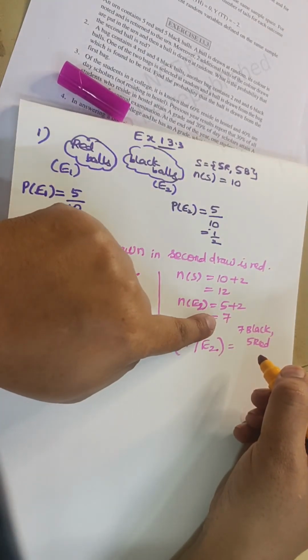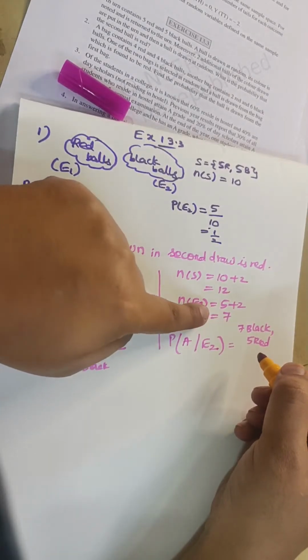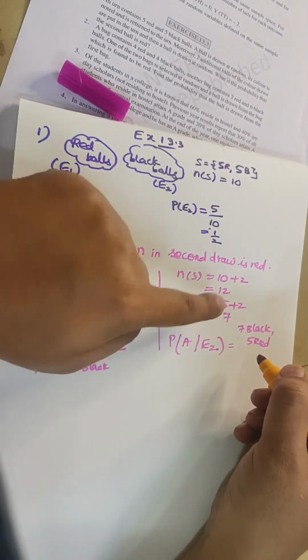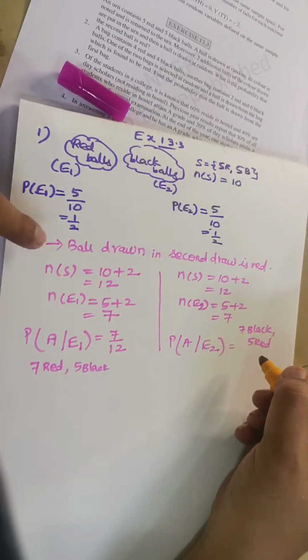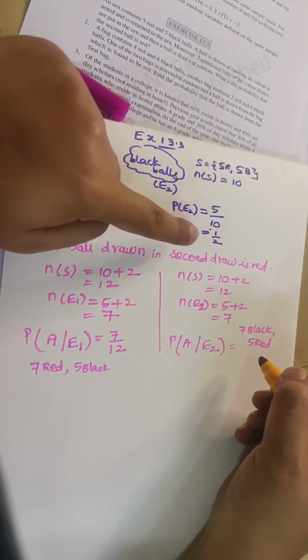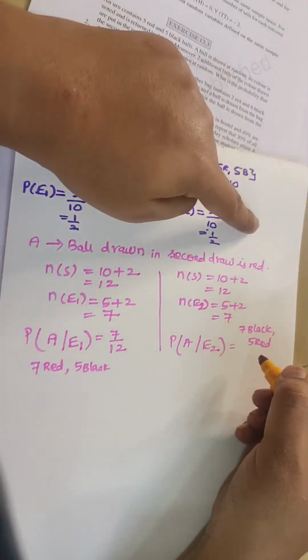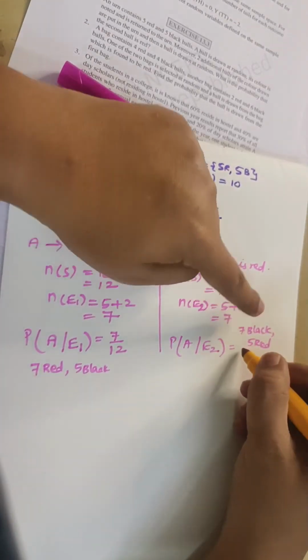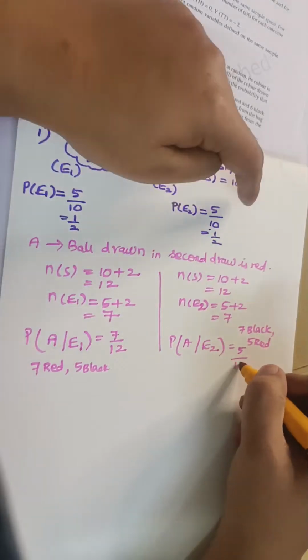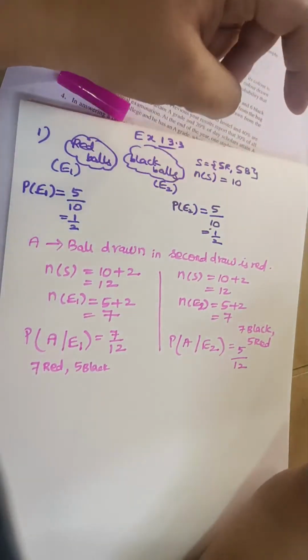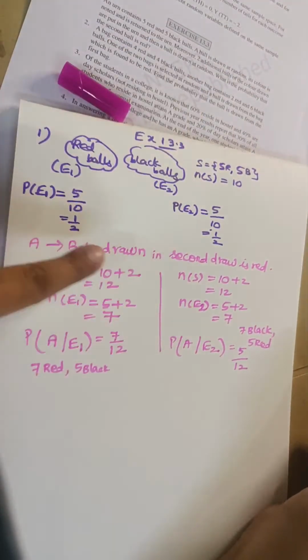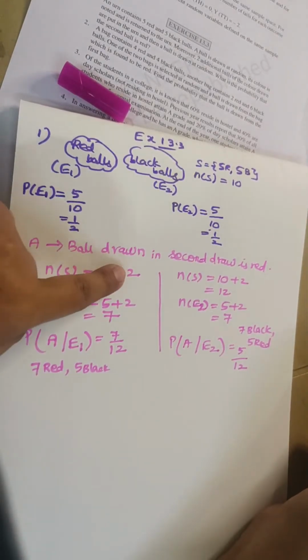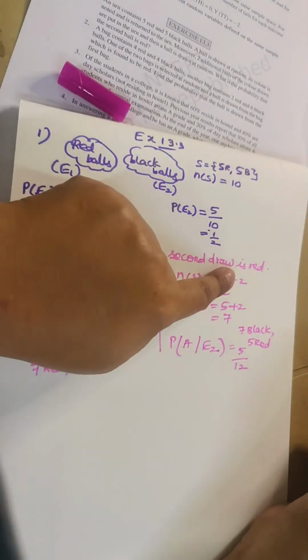No, because it will be the probability of black. But here A is the ball drawn in the second draw is red. So you have to choose the red part. That will be 5 by 12. Is that clear? This A is the ball drawn in red color.